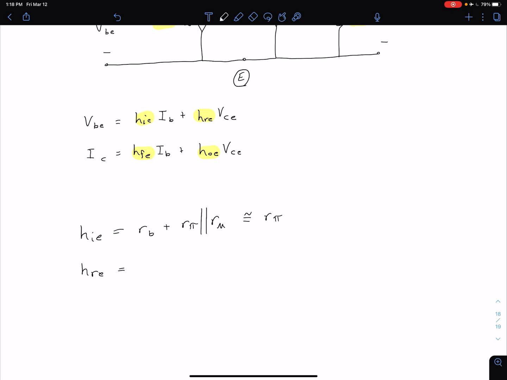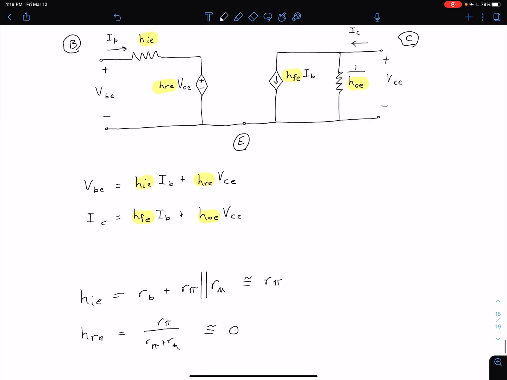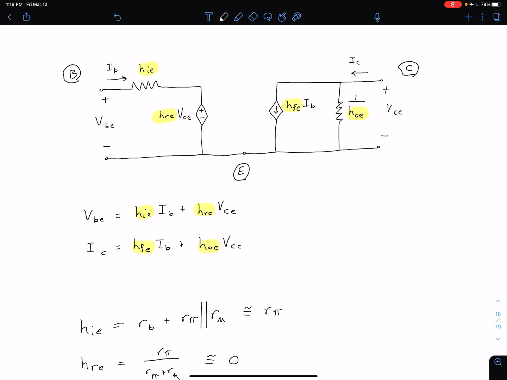So that's also going to be related to that R mu, which connects the base to the collector. What we would see is that it's equal to R pi divided by R pi plus R mu. Because that R mu value is so large, this is usually approximately 0. That's what we said in our hybrid pi model: let's say that this doesn't really depend on the VCE, and we just had sort of a short circuit there, so we just had the one R pi resistor.